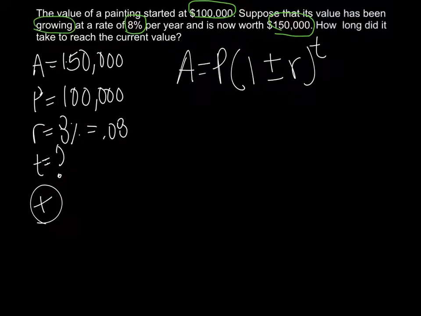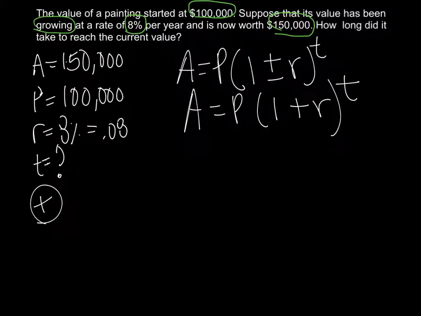So I'm going to get rid of the minus. We're going to use A equals P times 1 plus R to the T for this particular problem because the plus sign is what we want to use.